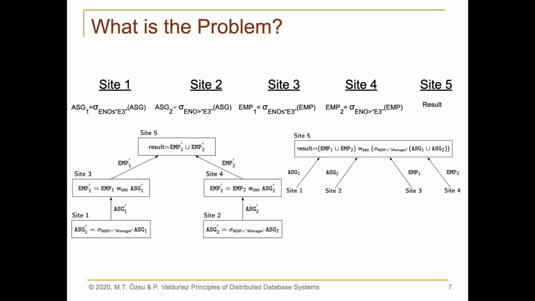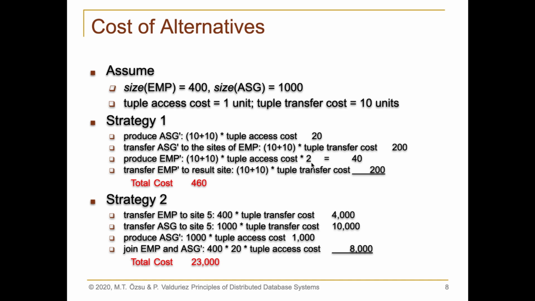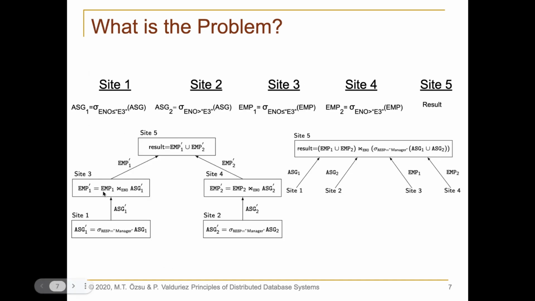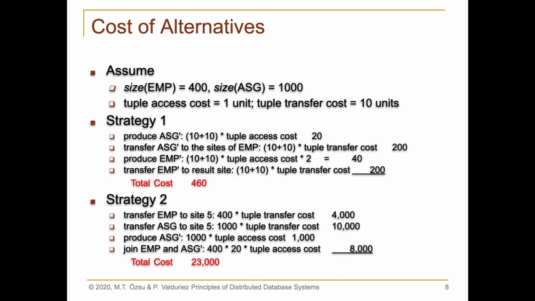And given the similarity between the cost of joining these two relations, you can simply calculate the cost of producing employee 1 prime and multiply the result by 2, which gives the cost of producing employee prime, which is the union of employee 1 prime and employee 2 prime. So accordingly, the cost of producing employee prime is 10 plus 10 times tuple access cost times 2, which is 40 units.